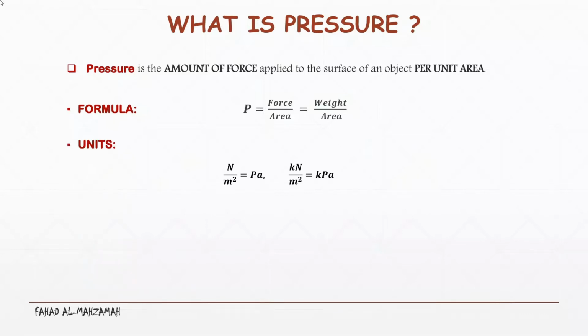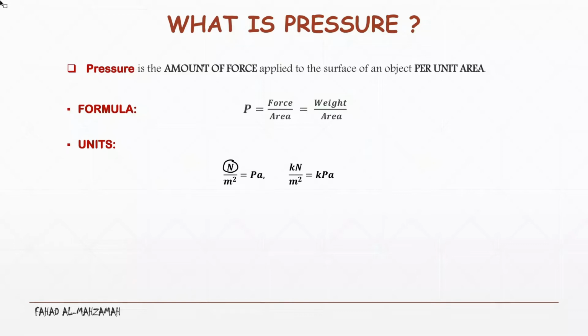Now, what are the units of the pressure? Well, as we can see in the formula, in the numerator we have the force, and the SI unit of force is the Newton. Now what about the area?